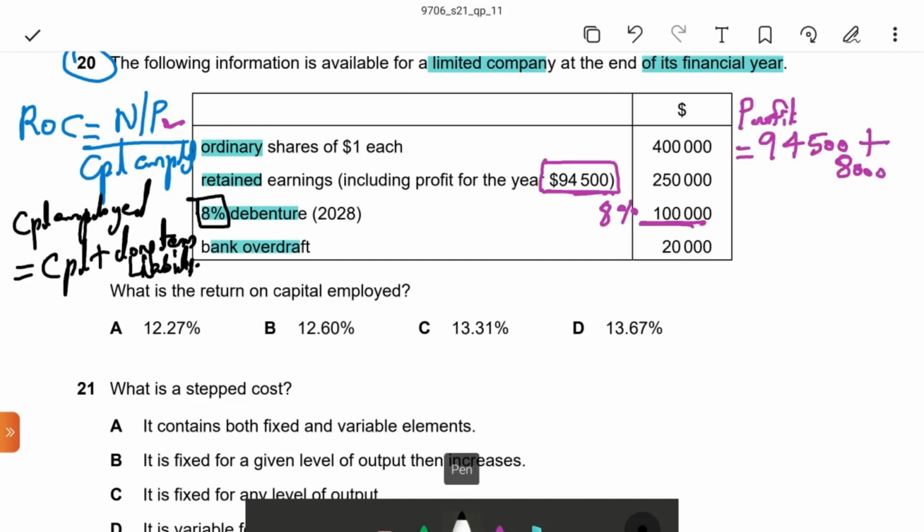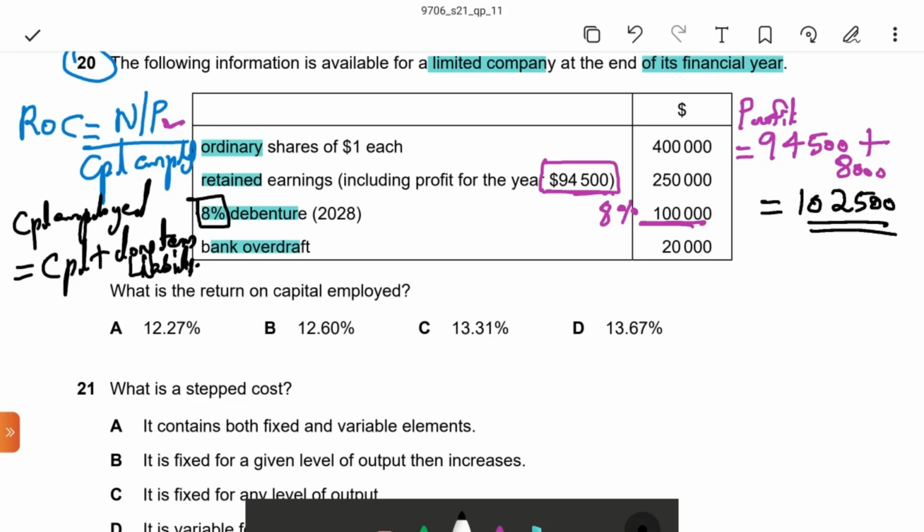So our actual profit is 102,500. That is our actual profit.